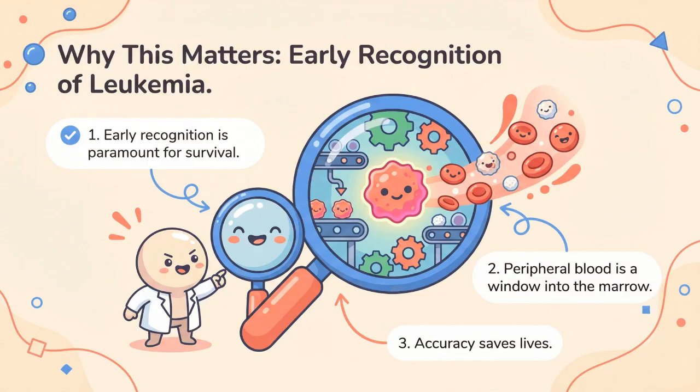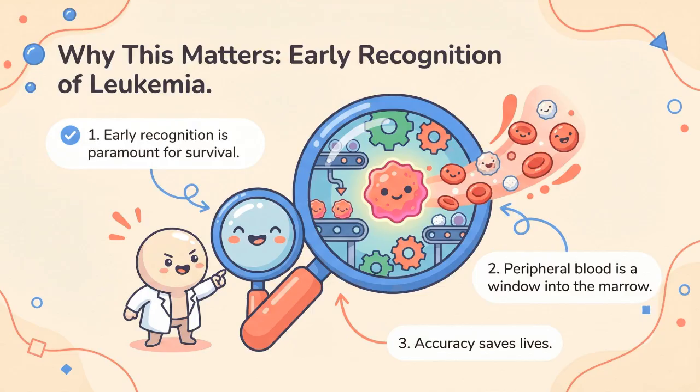The peripheral blood smear, which you will be expertly analyzing, serves as a critical window into the marrow. It provides the first and often most accessible evidence of what is happening within the hematopoietic system. Abnormal cells circulating in the blood can signal a profound disruption in bone marrow function, prompting further diagnostic investigations such as bone marrow biopsies.